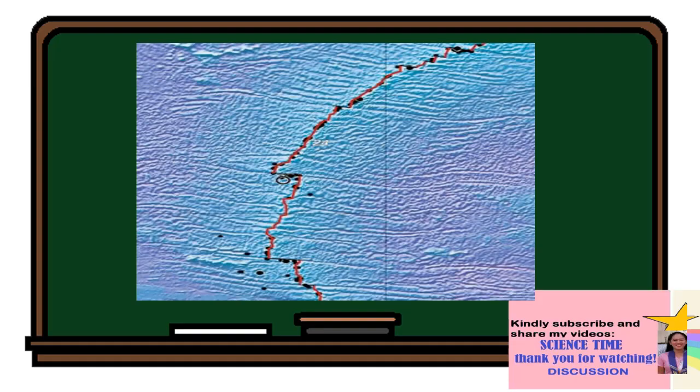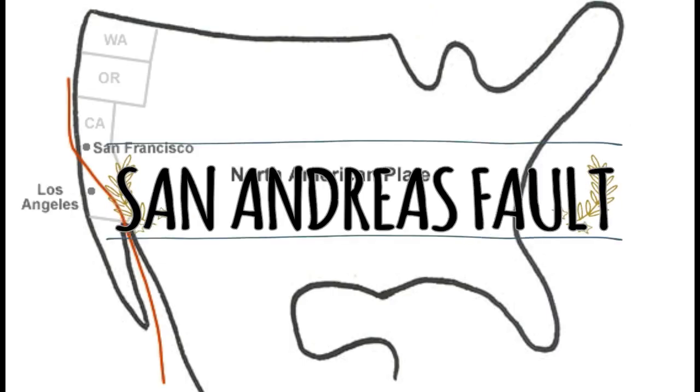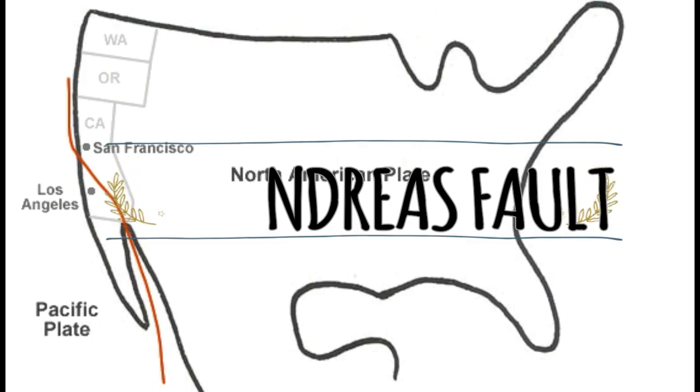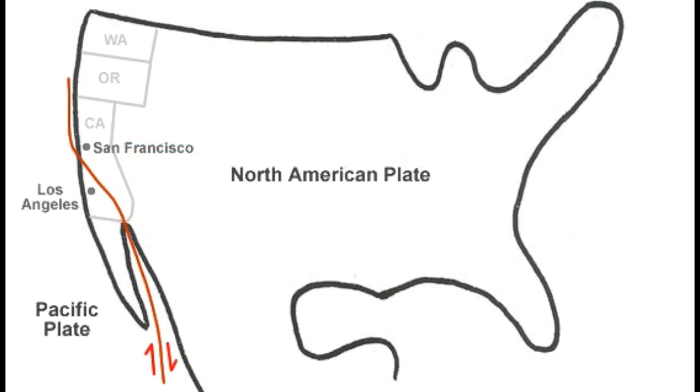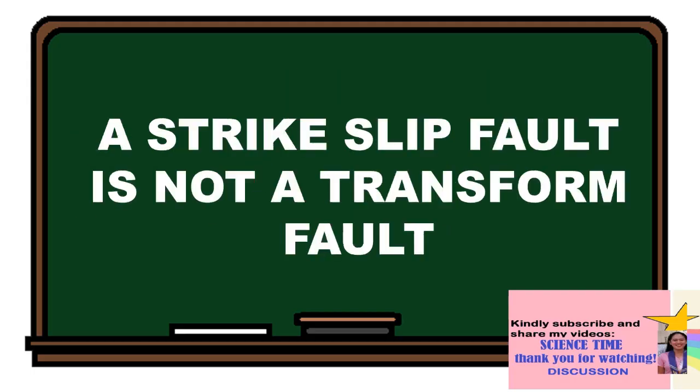A smaller number of such faults are found on land, although these are generally better known as the San Andreas Fault. A transform fault is a special case of a strike-slip fault that also forms a plate boundary. Didn't you know that a strike-slip fault is not always a transform fault?